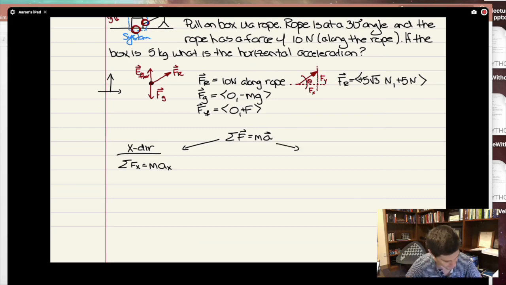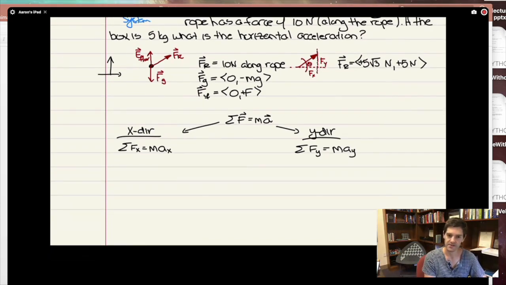And then I could look at the y components of the vectors and say that in the vertical direction, the sum of the forces in the y direction equals the mass times the resulting vertical, or y, acceleration. Again, I can look at what's going on horizontally by itself. I can look at the vertical part by itself. Since this problem is only asking about horizontal, let's just look at the left one.